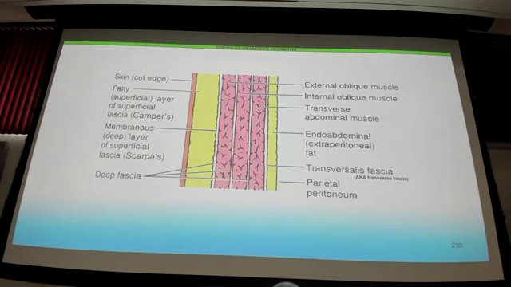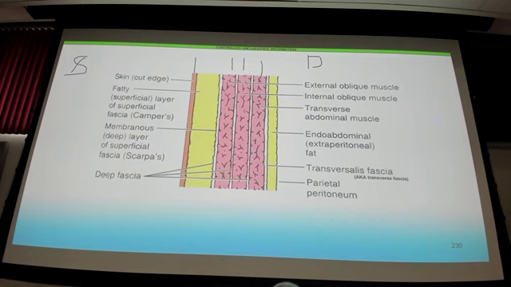So if you took this picture, and you'll probably see this in other classes, this is how that wall is set up, where you have the skin out here, and then you have your external. So this would be, well, that's not anterior, it'd be superficial, because you could be on a different area. So this would be the deep side. And so you have the external oblique, the internal oblique, then transverse abdominis.